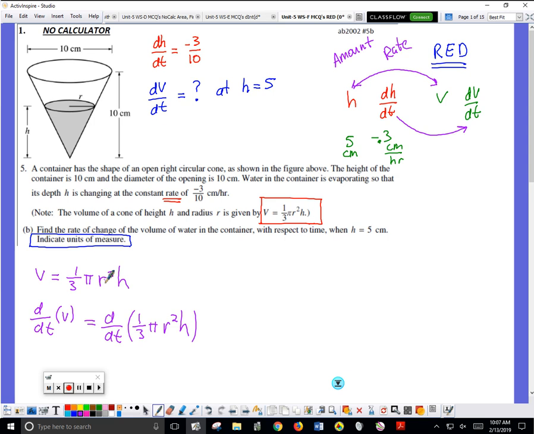In any problem you're going to work on the AP test, prior to taking a derivative, don't ever plug in a number unless the number is known to be a constant, like it's never going to change. So as this story unfolds, is the height always 5 or is the height changing? Height is changing. So it's illegal to plug in the 5 right now.